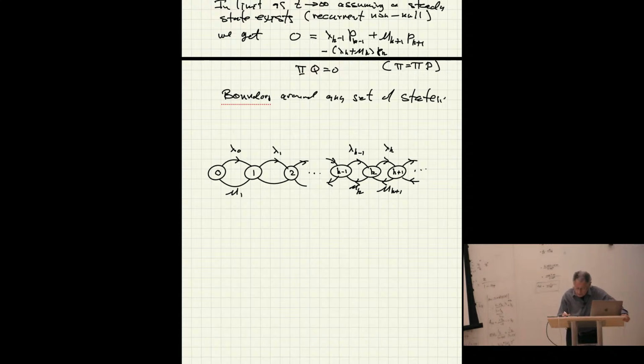For example, I drew a boundary around the state k, this red boundary, and I said flow in minus flow out equals rate of accumulation inside. And I did that for every state, right? I did that for k, k minus 1, for every state in the system. And they all look the same except for state 0, which has no stuff coming in from below. That was the special case for k equals 0. So I'm repeating over and over again what I did. I made sure that the flow in minus flow out is the accumulation.